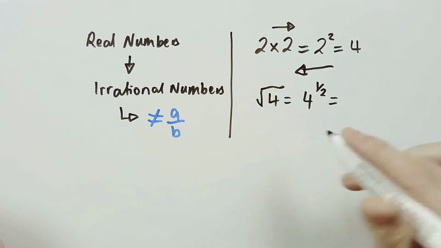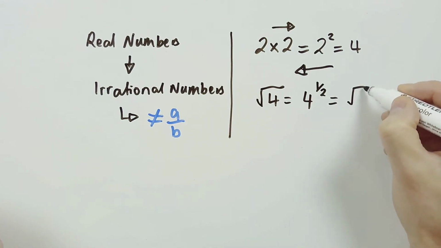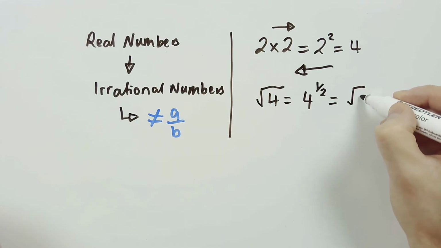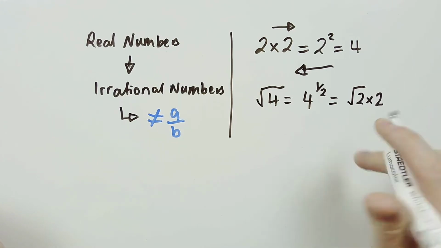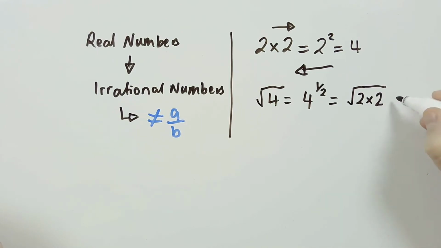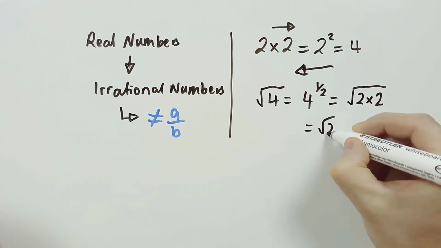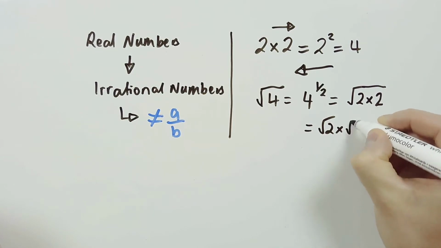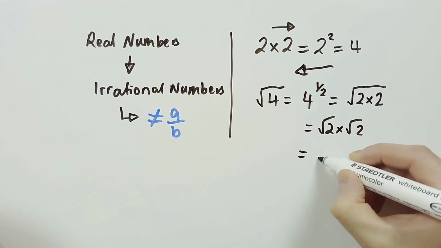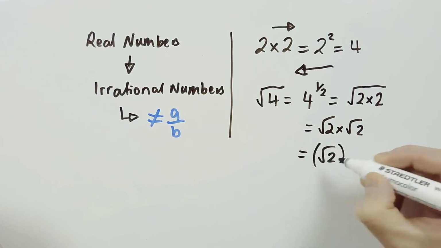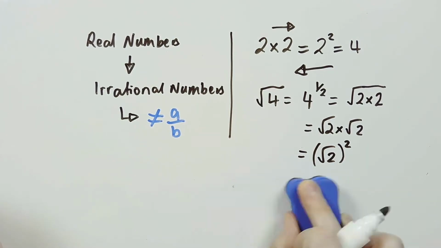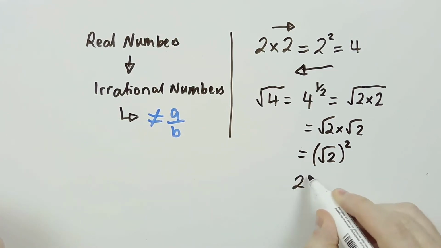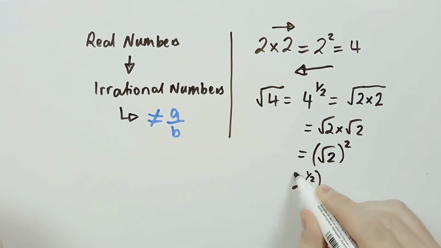And we know that in this case, the square root of 4 is the same as the square root of 2 times the square root of 2, or root 2 times root 2, which is root 2 all squared, which is 2 to the power of a half all squared.